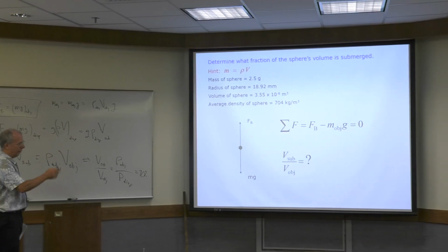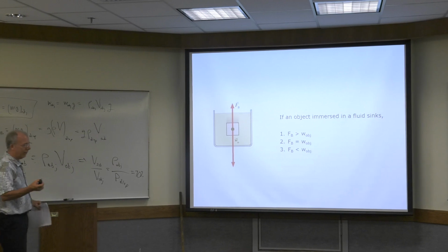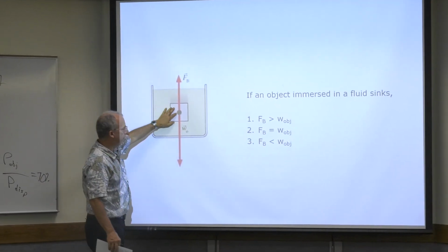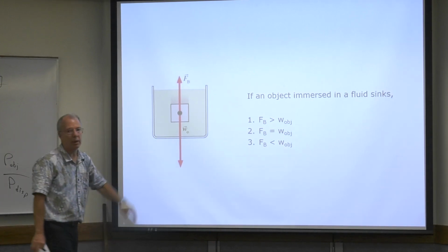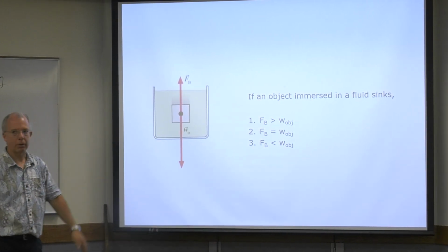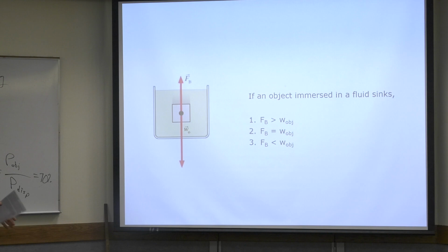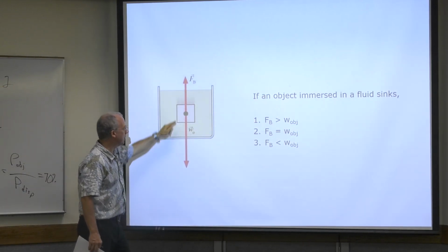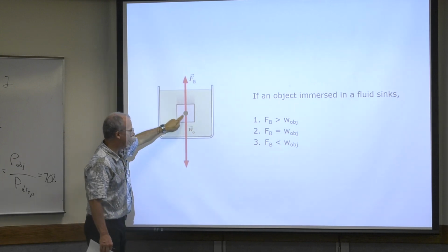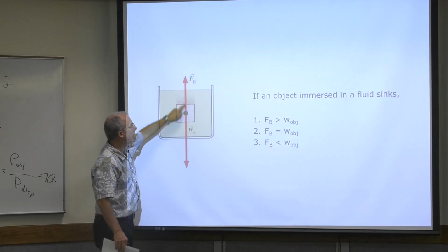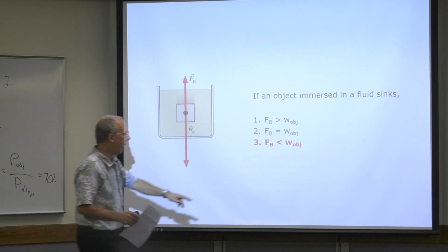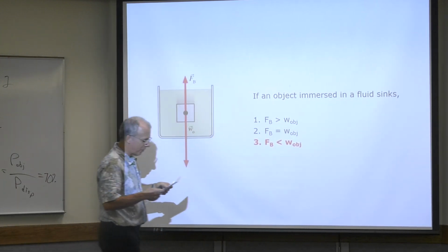So here's a question for you. If an object immersed in a fluid sinks, what's true? Pause your video and vote. Okay, we're back. Obviously, if this thing sinks, this force is greater than that force. That means the weight of the object is greater than the buoyant force. No kidding. That's physics 121.